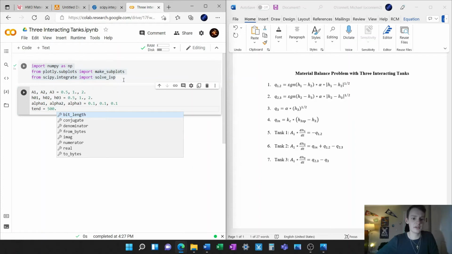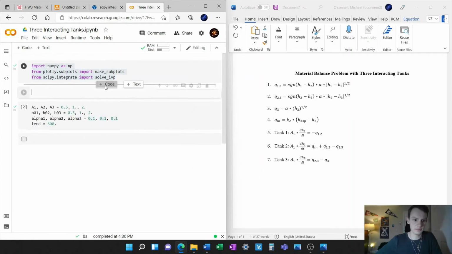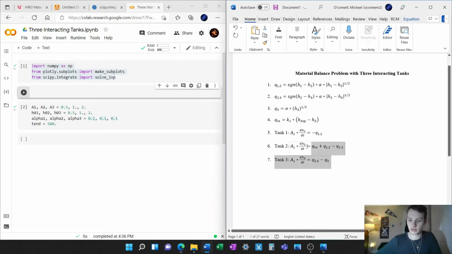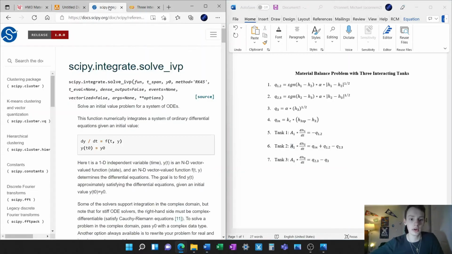The next thing we're going to have to do here is create a function that will have a return for our 3 differential equations, because that's what we're going to want to solve. And to do that, we're going to use solve_ivp from scipy.integrate.